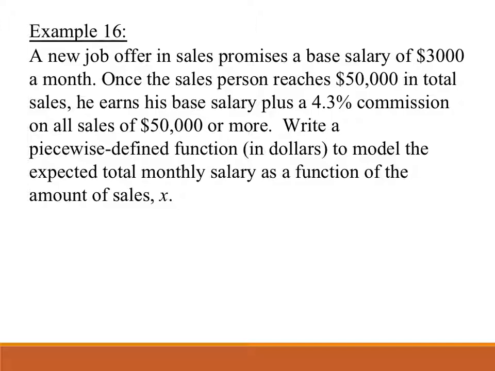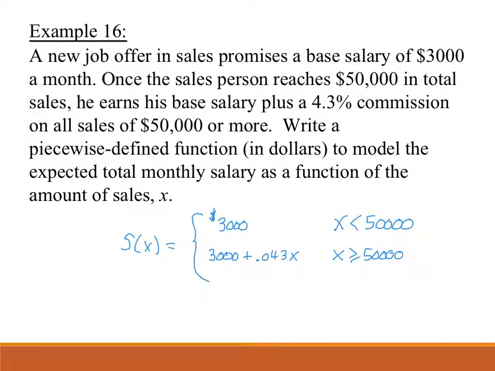Write a piecewise defined function in dollars to model the expected total monthly salary as a function of the amount of sales x. So here's our function. S of x is equal to 3,000 when x is less than 50,000, and 3,000 plus 0.043 of x when x is greater than 50,000.